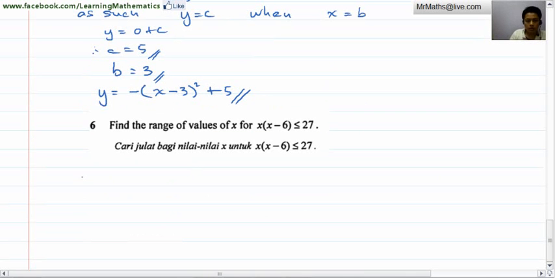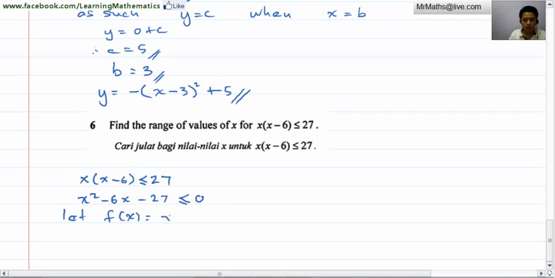Write down the inequality x squared minus 6x less than or equal to 27. Then x squared minus 6x minus 27 is less than or equal to 0. So I want to draw a chart. Let f(x) equal x squared minus 6x minus 27.